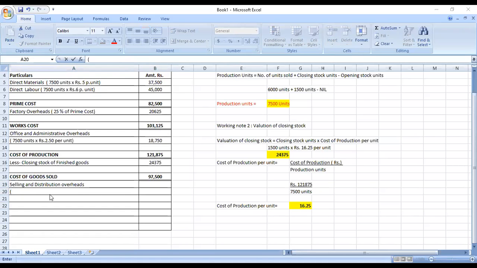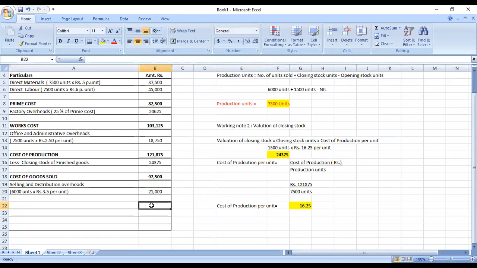So selling and distribution overhead is 3.5 per unit sold. What is the number of units sold? 6,000 units multiplied by 3.5 per unit comes to 21,000.